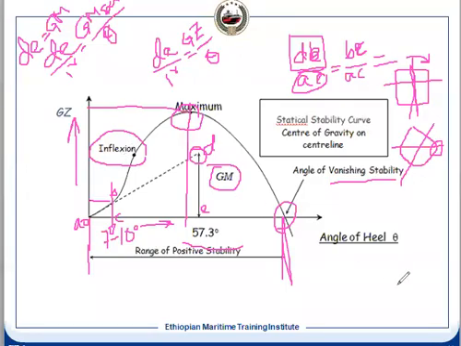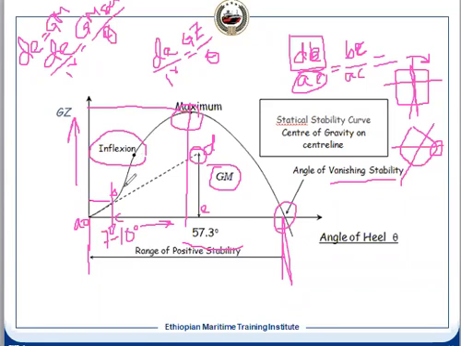After that, if you see, GZ initially is increasing at almost the same rate. After that, it will increase at a higher rate. After that, it is increasing, but the rate of increase has changed.